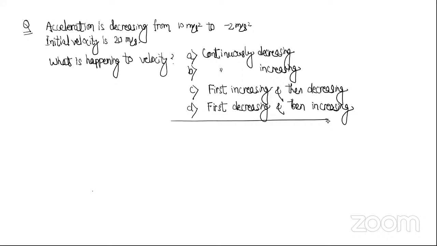Sir, continuously decreasing. Abhijit, Vijay Lakshmi, what is your answer? Ipsita, Sir, C, first increasing then decreasing. Who is telling first increasing then decreasing? Ipsita. Acha, Ipsita. What about Digvijay? Digvijay, what is your answer?